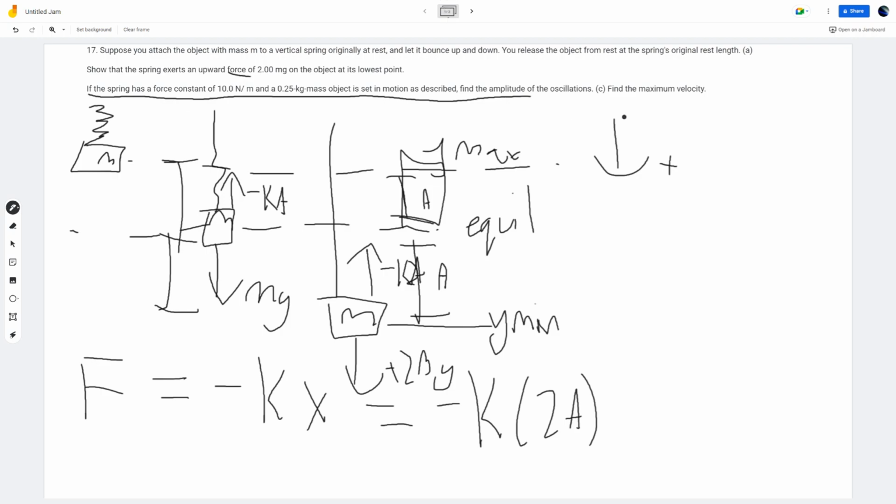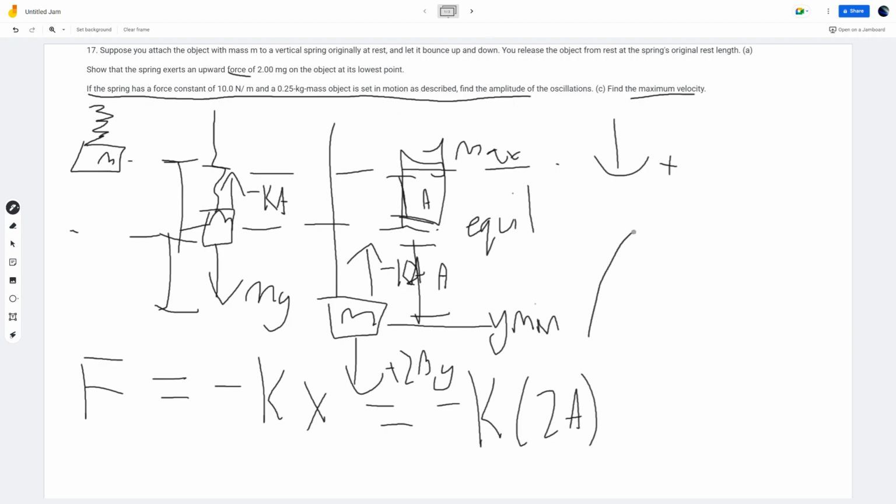So it's asking what is the maximum velocity? In this case, the spring's going to start pulling up. It's not in free fall, but the spring's going to start slowing it down once we've reached this equilibrium position. And until then, it's going to be accelerating positively.